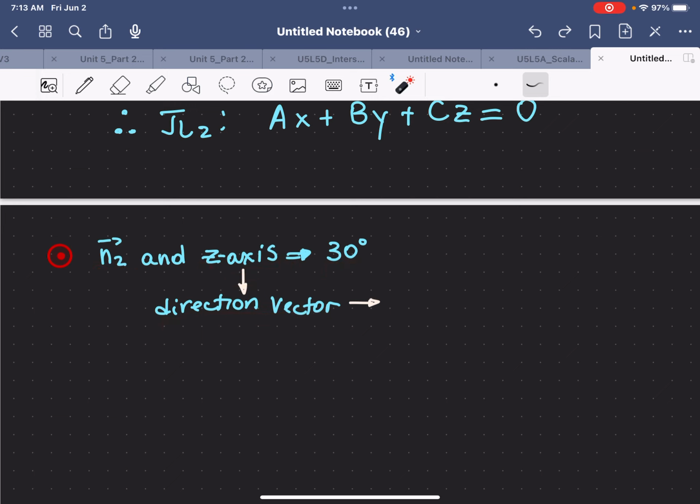Now, I want you to think for a second. What can be a direction vector of the z-axis? Remember that on the z-axis, or on any axis, two of the coordinates will be 0, and only the coordinate that is on the z-axis can be different than 0. As a matter of fact, we can take in this case x equals 0, y equals 0, and z equals 10.